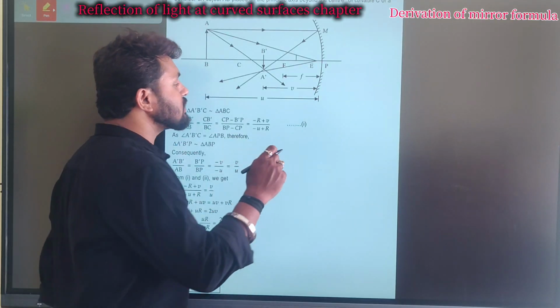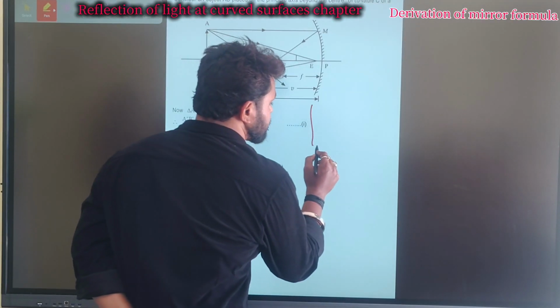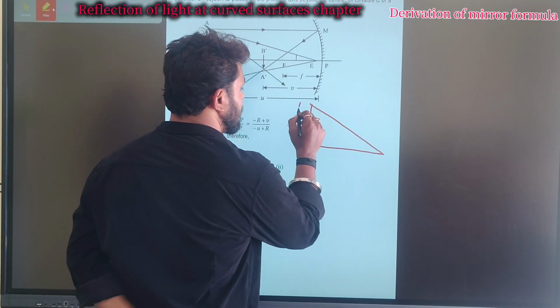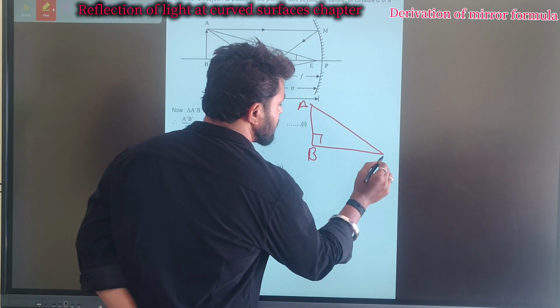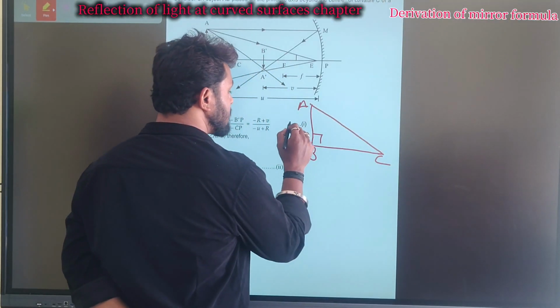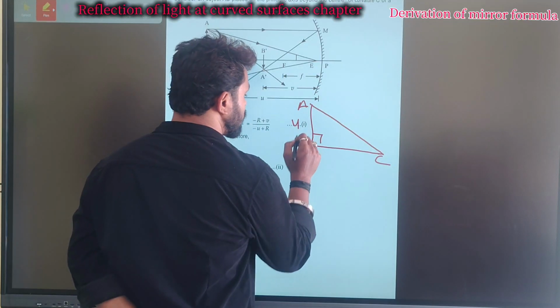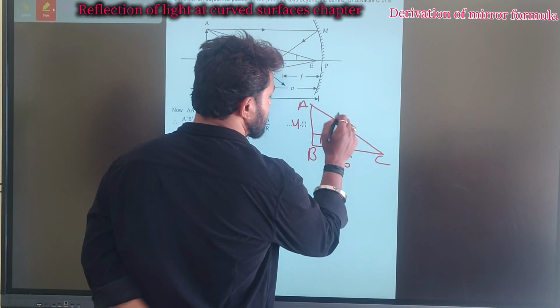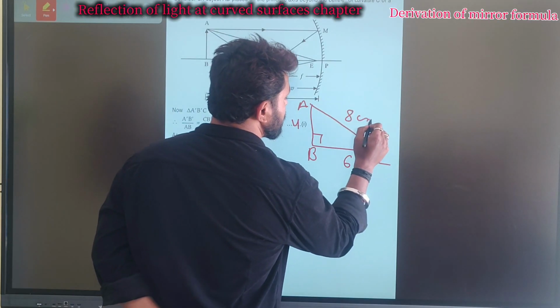So to start with, let's take one triangle, which is a right angle triangle named ABC. The measurement for AB is 4 centimeter, the measurement for this is 6 centimeter, and the measurement for this is 8 centimeters.